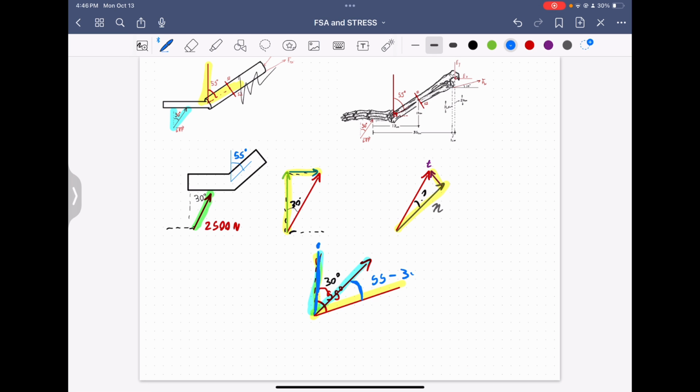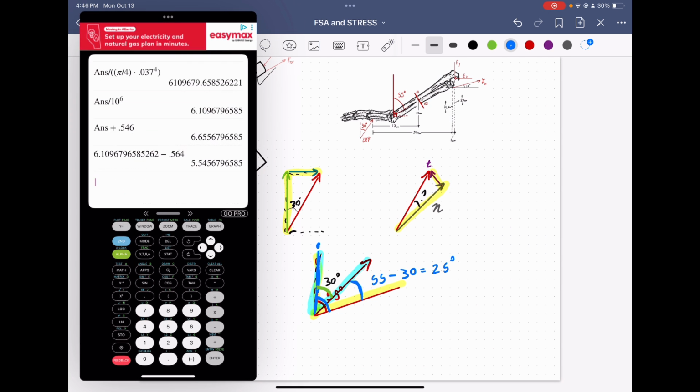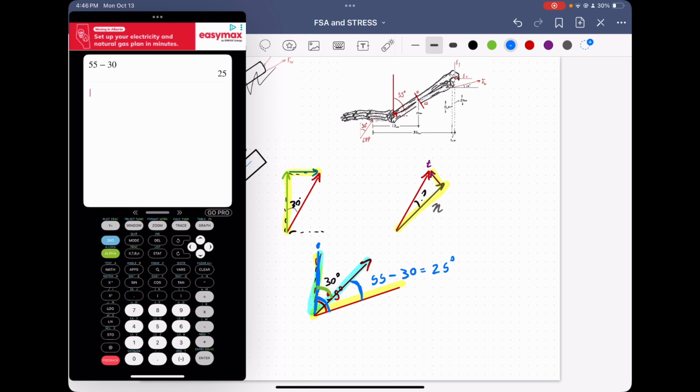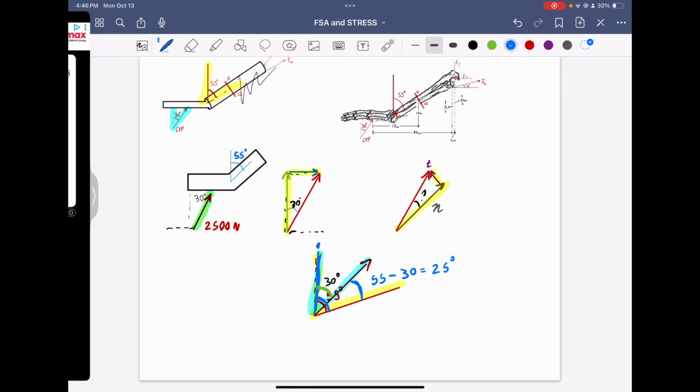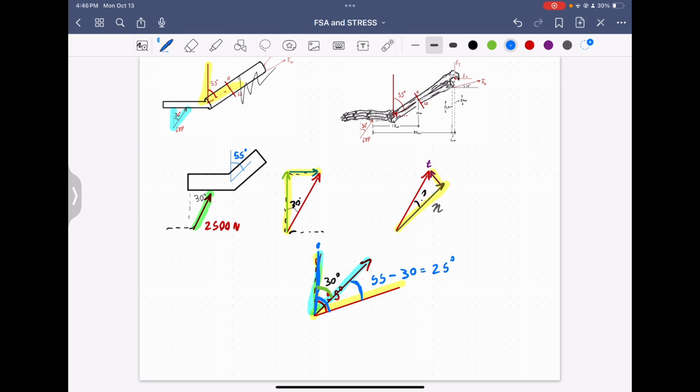55 minus 30, because 55 is the full angle and 30 is this half angle. And so we know that this blue one should be 25. We can double check 55 minus 30. If you're on an exam and you're not sure, always double check. I've made that mistake of thinking I can do quick mental math, and clearly I cannot.